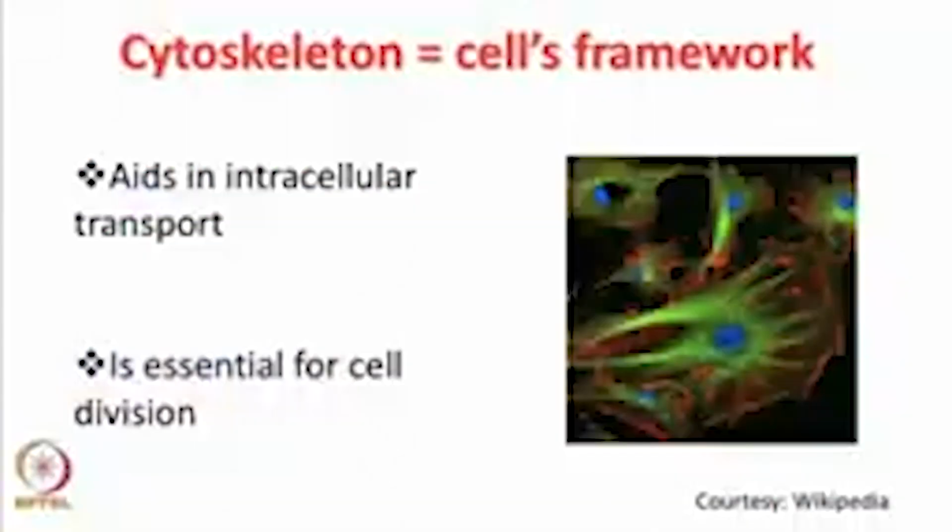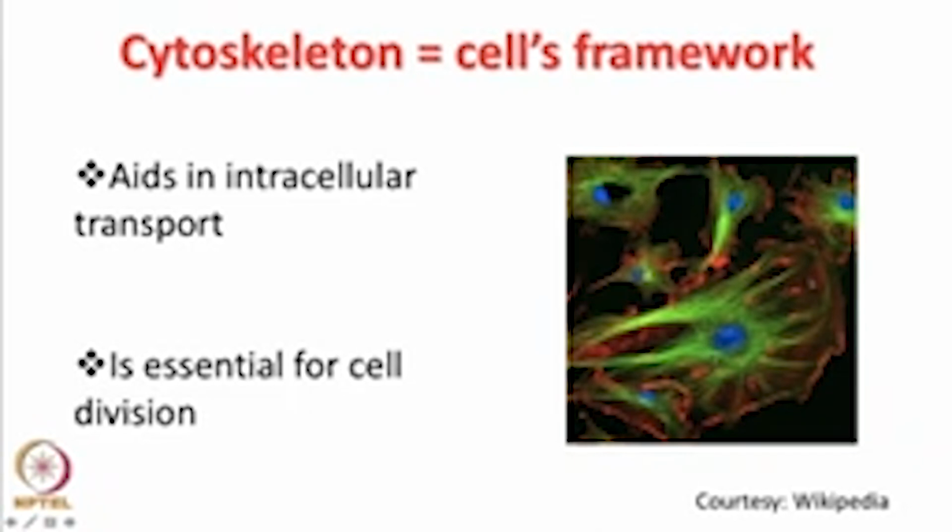Actin is only one of the cytoskeletal proteins. You also have microtubules, one of the most important, which in this picture are spanning from the nucleus, outside the nucleus, till the periphery of the cell.